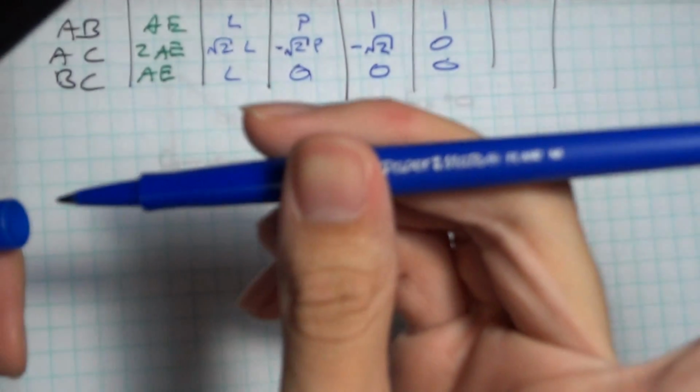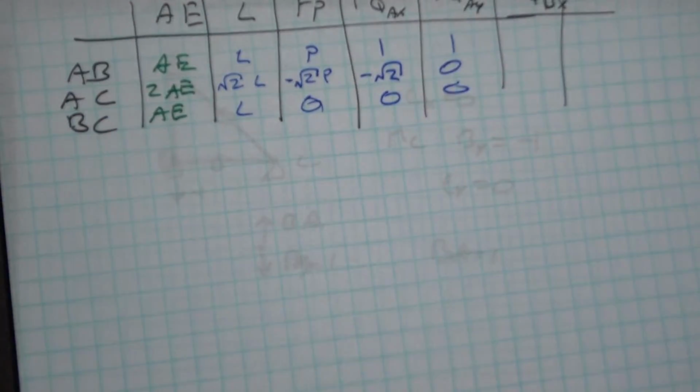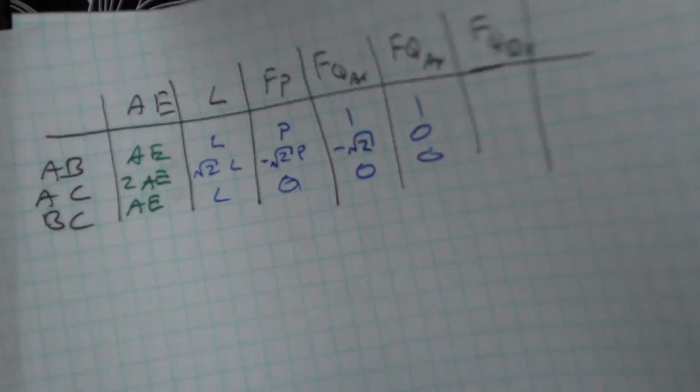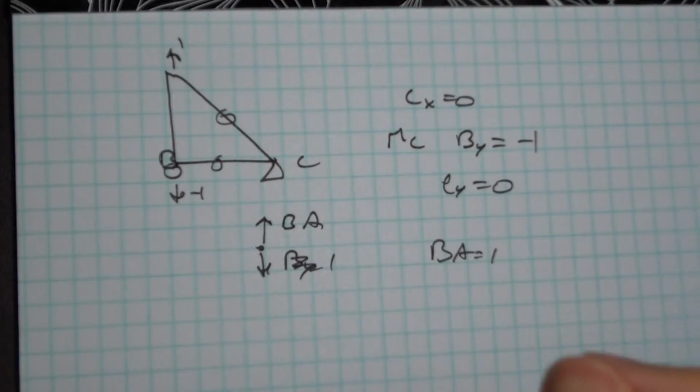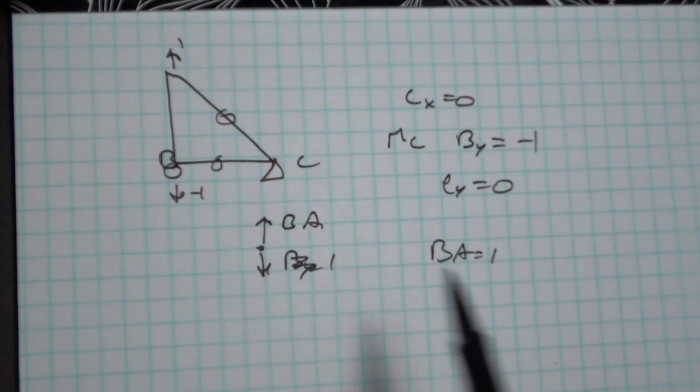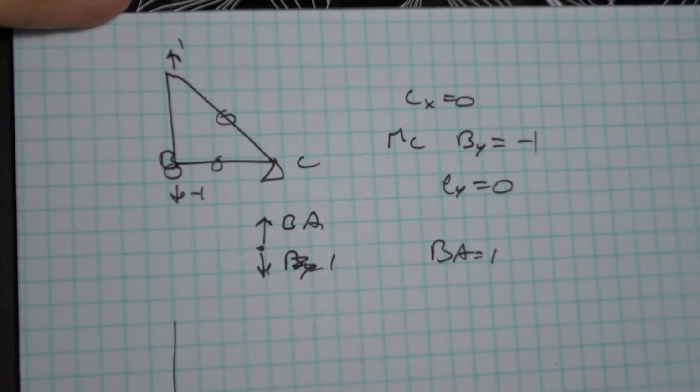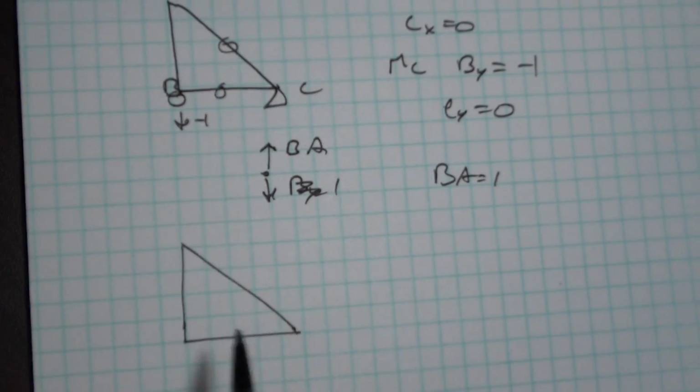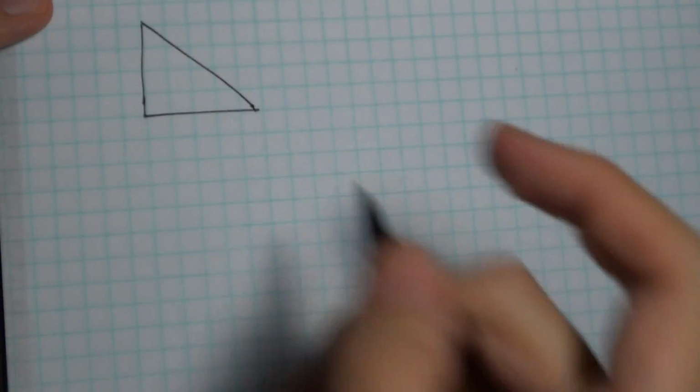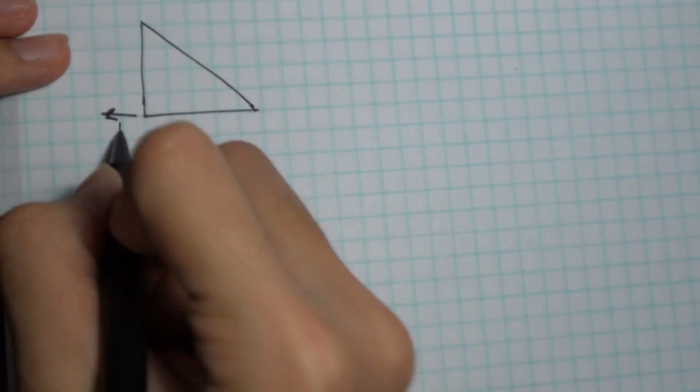Last one is FQBX, and likewise that is also going to have several 0 terms. Let me look at it this way. I can apply a unit load in the horizontal direction here.